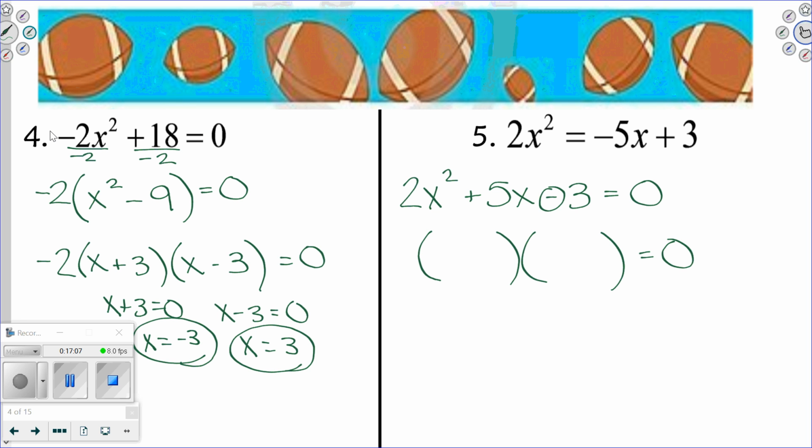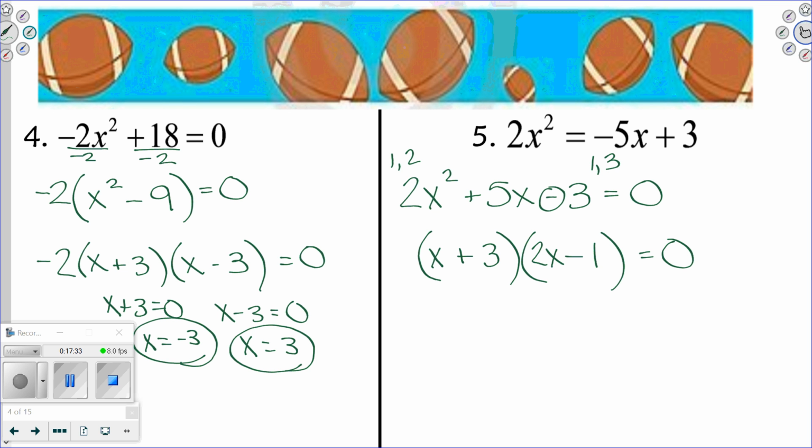Last one's negative. How do you multiply to get a negative? 1 plus and 1 minus. Options for A, 1 and 2, and options for C. All right, not many options, but not as easy as our last ones, right? So if I go 1x and 2x, should we go 1 and 3 or 3 and 1? 3 and 1, okay.